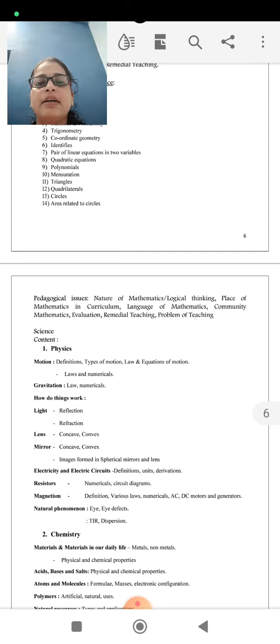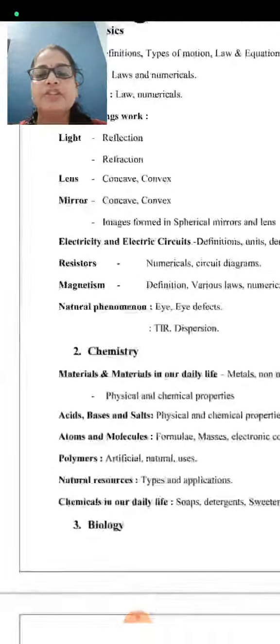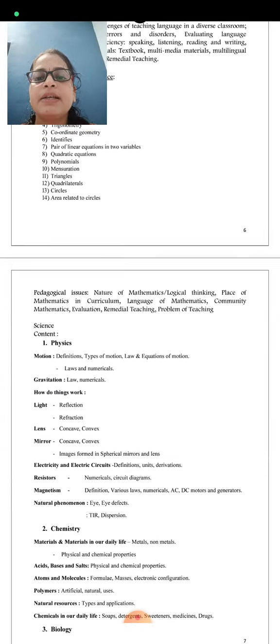And next, pedagogy of mathematics. Actually, in the pedagogy of mathematics, even in psychology or in any science or social, they will not ask a direct question from pedagogy. Actually, they will give some topic, and based on the topic, they will ask how you teach or which method you will follow to teach this topic.